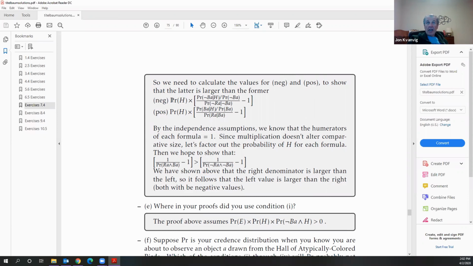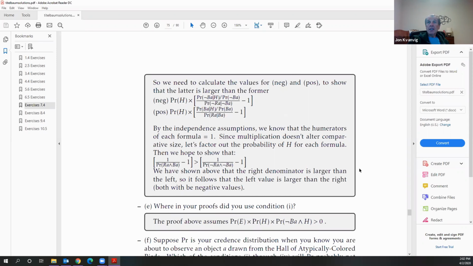So for neg, we multiply the probability of H times all the stuff about the non-black non-raven. And for the black raven, we multiply the probability times the stuff related to black ravens rather than non-black non-ravens.